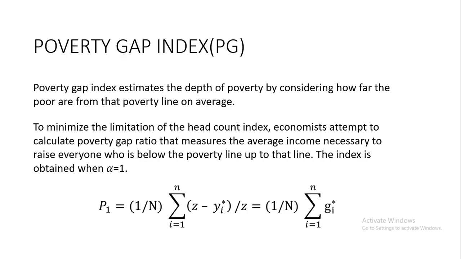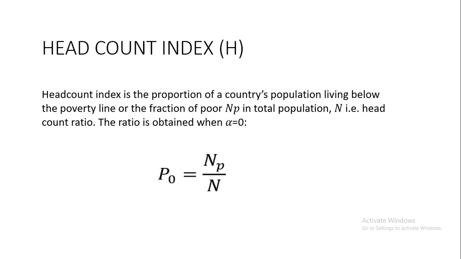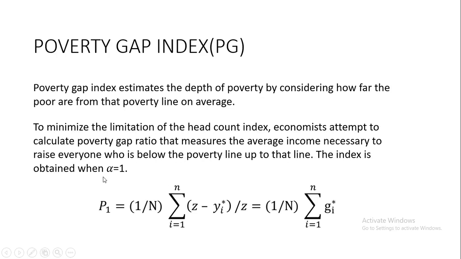The index is obtained when alpha equals 1. In the headcount index, when alpha equals 0, we find the headcount index, and here we find the poverty gap index when the alpha value is equal to 1.